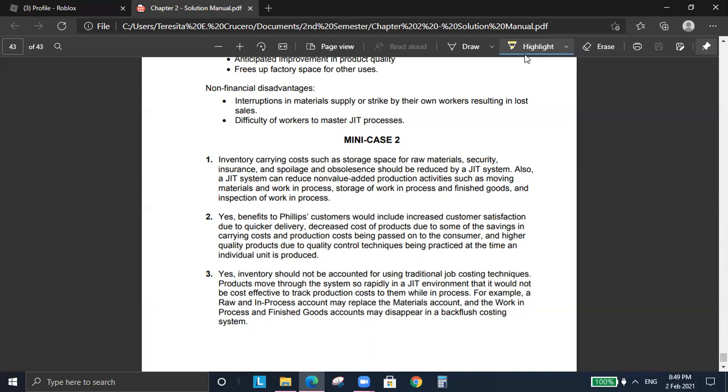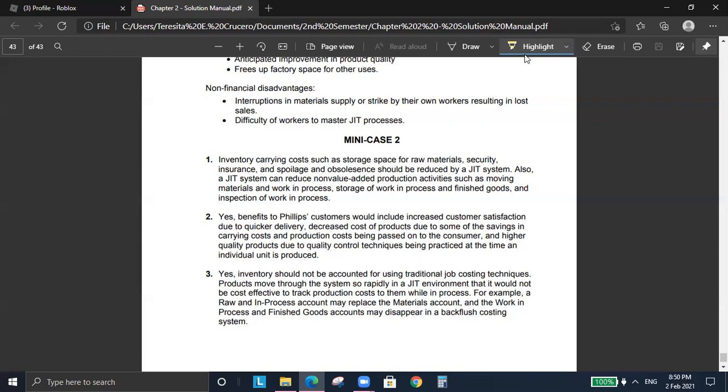However, storing the materials may involve losses and even obsolescence. So we can say that storing is actually considered a non-value added activity. The same with transferring the materials from the storeroom to the place of production. That is also a non-value added activity, and even inspection.